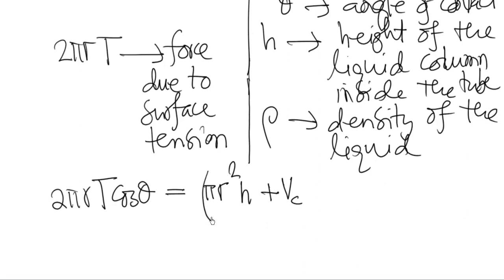So this is the volume, and if you multiply by the density, this is the mass of the liquid column, and if you multiply by the acceleration due to gravity, you will get the weight of the liquid column, which will act along the downward direction, and the force component due to the surface tension will act along the upward direction.